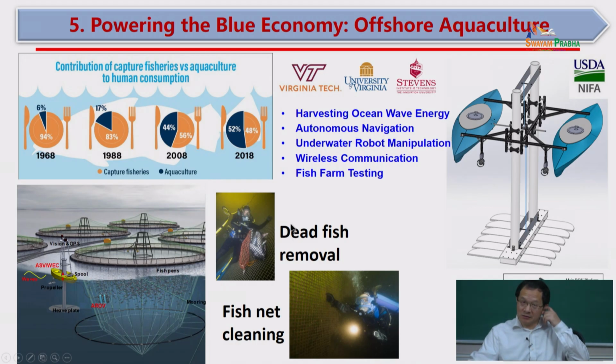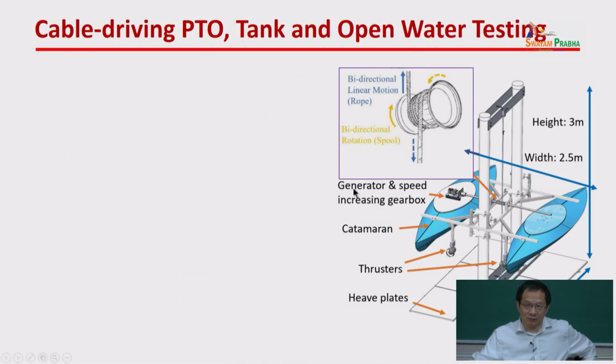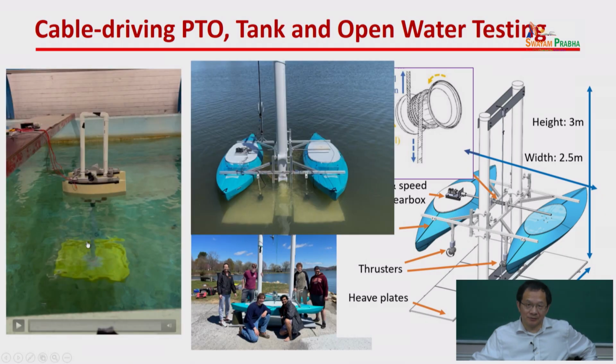Instead of using divers, what we propose is to use an underwater robot to do the cleaning work, and we have a wave energy converter to harvest energy. That is one funded by the U.S. Department of Agriculture that we are working on. We advised our student team, and they designed a cable-driven PTO and built the system.